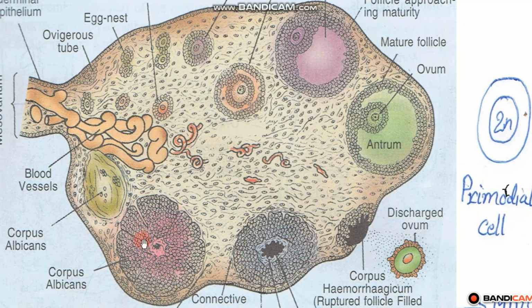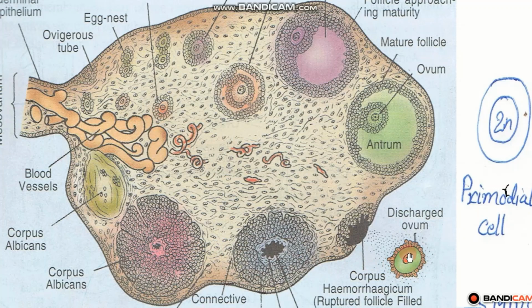It will be destroyed only in case of non-fertilization, meaning if the ovum that enters the fallopian tube, where fertilization occurs, is never fertilized, then it will degenerate.